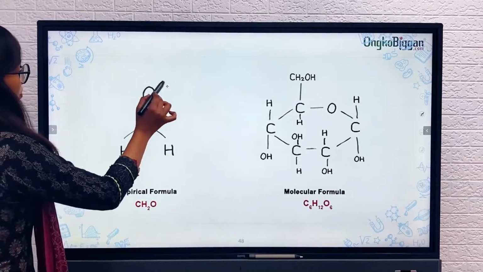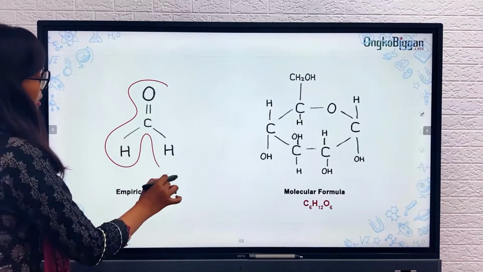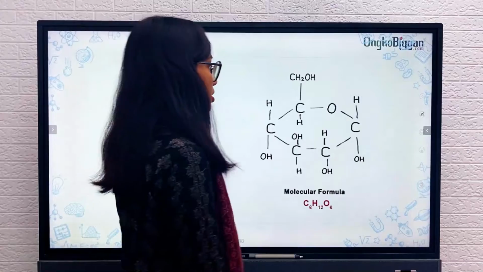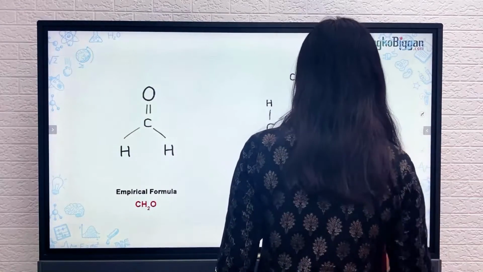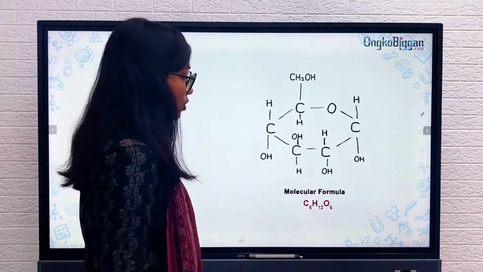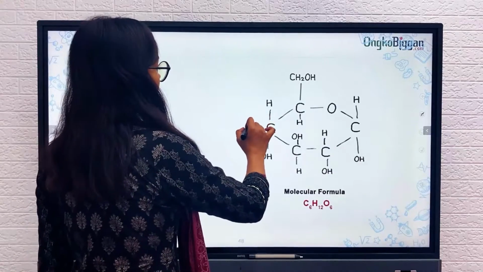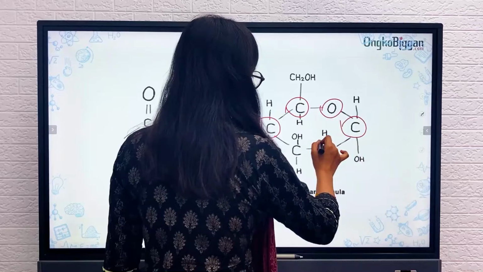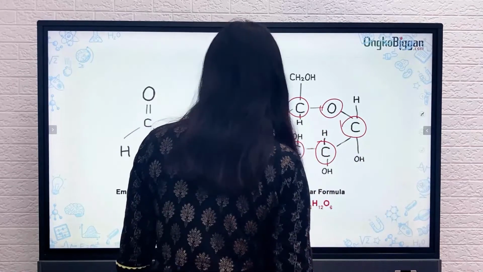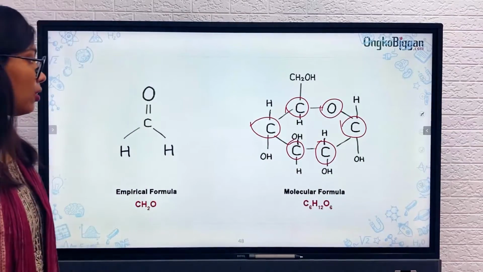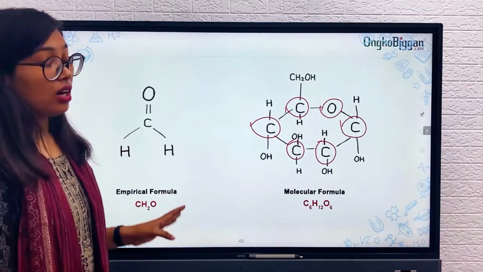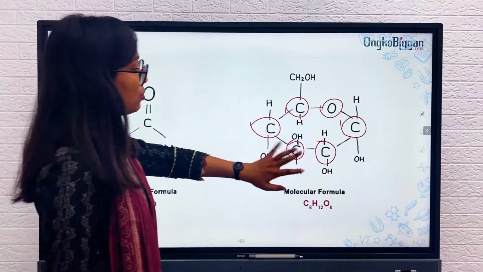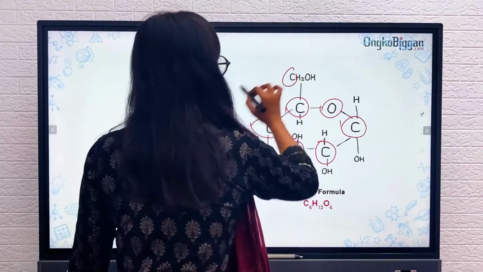This is the empirical formula. See, the empirical formula basically represents the least amounts of the elements that are present. But the molecular formula actually gives you the entire idea about how many atoms of each element are present. In the empirical formula, we got to know that we have only one carbon, but over here we have 1, 2, 3, 4, 5, and 6 carbons.